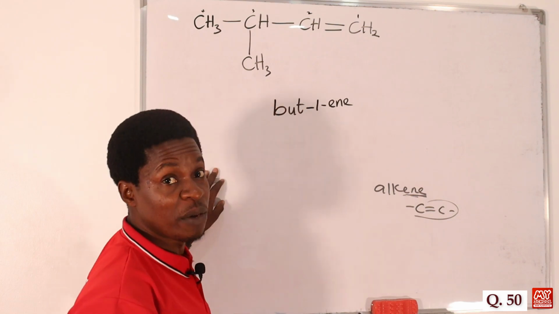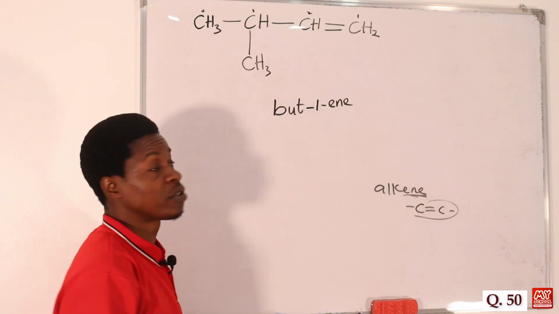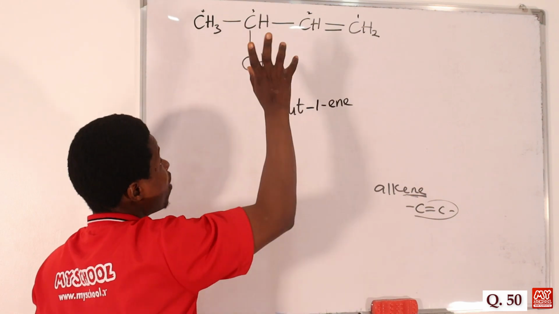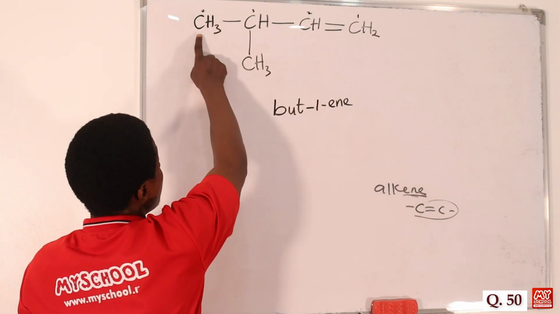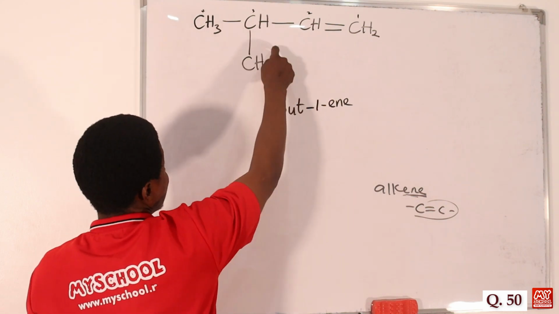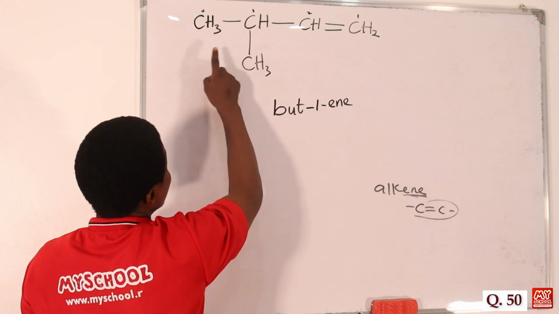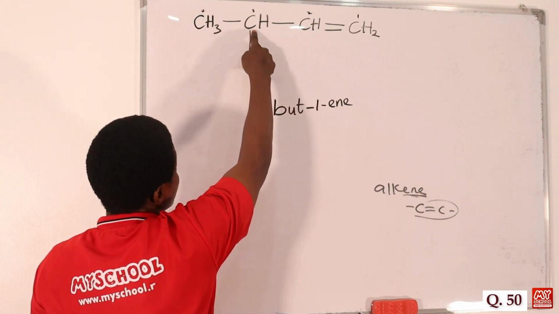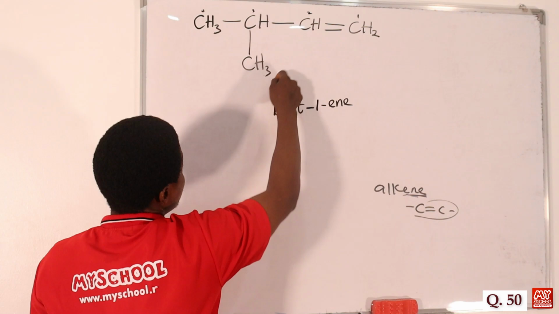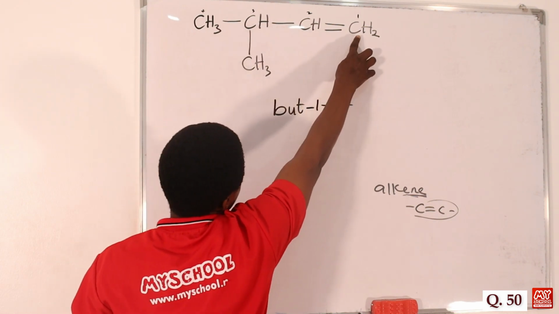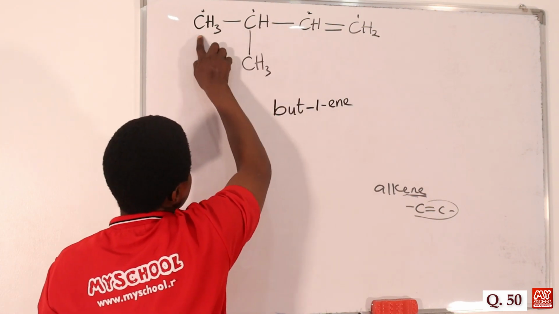Now we have a substituent group, that is the functional group that we have here. Usually when we want to count, we look at the shorter route, which is carbon 1, carbon 2, which means this methyl group would be on carbon 2. If you count from the other side, carbon 1, 2, 3, so this happens to be shorter.